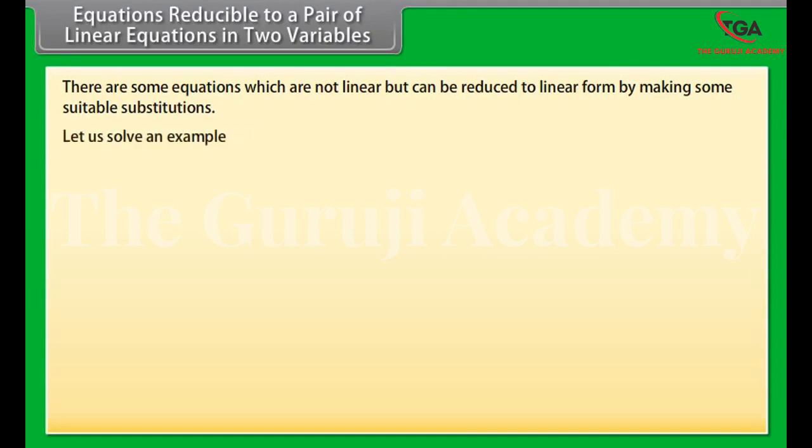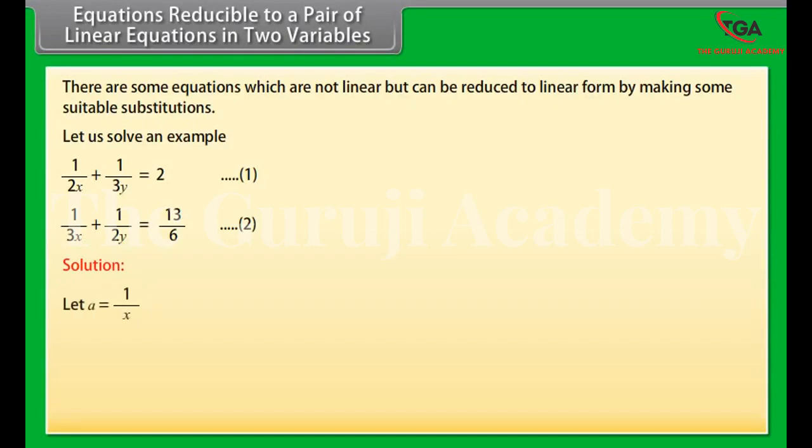Y is equal to c1 a2 minus c2 a1 upon a1 b2 minus a2 b1. Now by substituting the values we get y is equal to minus 6 into 1 minus 2 into 1 upon 1 into minus 1 minus 1 into 1. By calculating we get y is equal to 4. Therefore the solution is 2, 4.